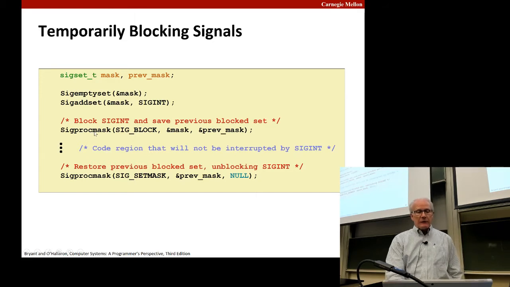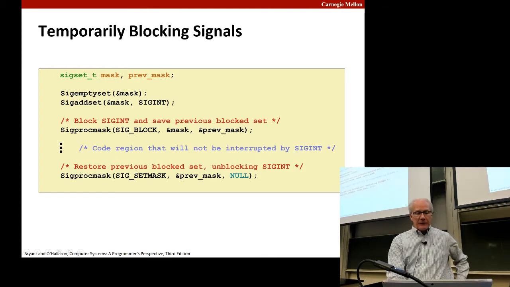And then there's a function called sigprocmask, meaning change the signal proc mask for the set of blocked signals. The idea is you pass in a pointer to the new set of signals, and you can also pass in a pointer that will then be set to the existing set of blocked signals. And so right now, running this code will be blocking only SIGINT.